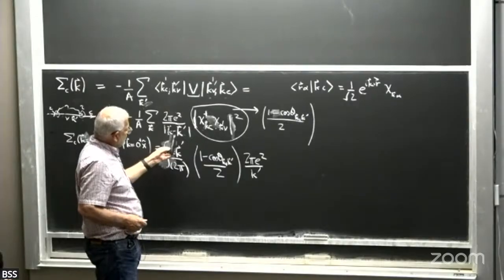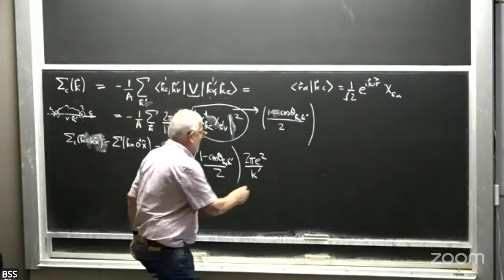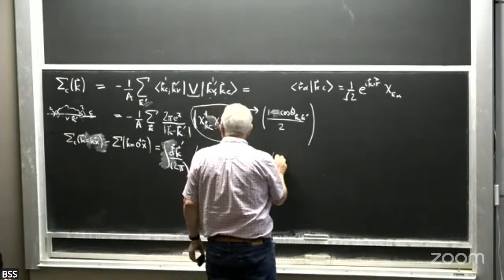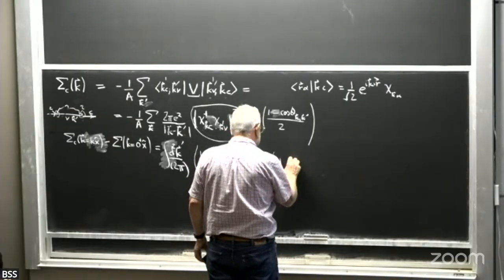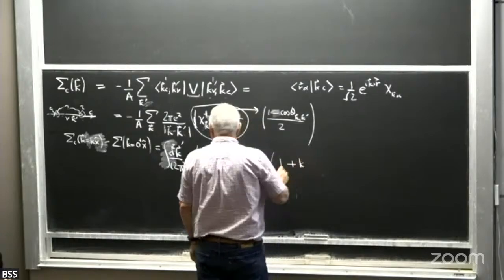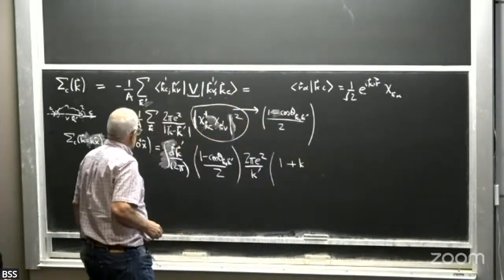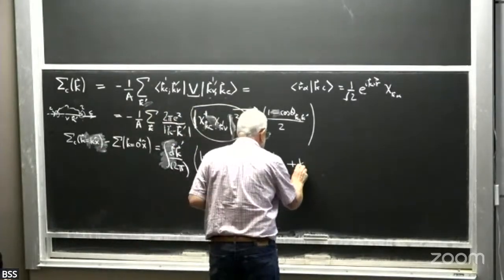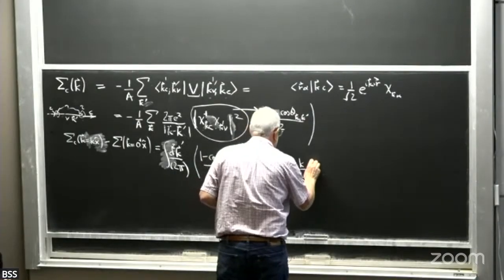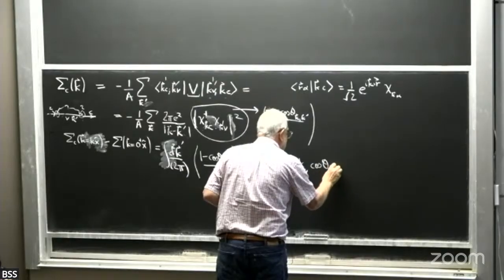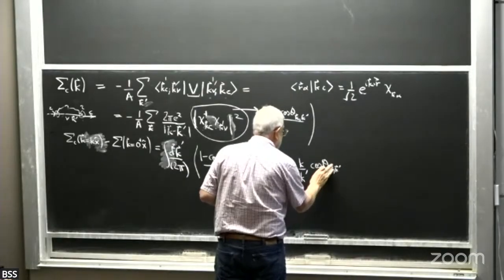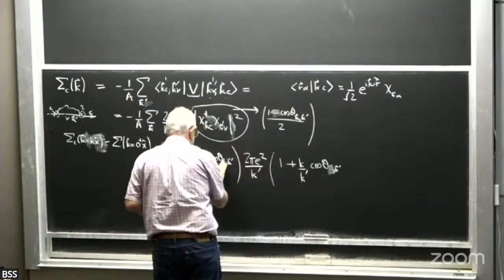And the correction to the denominator here due to Coulomb interactions, I'll expand to first order in k, and it becomes 1 plus k over k prime cos theta k prime. And theta is in the x direction, so that's just theta k prime.